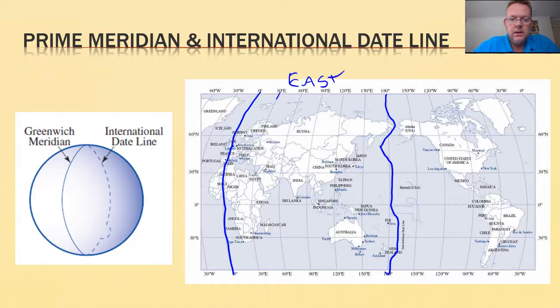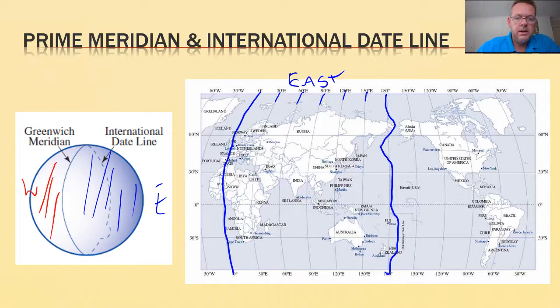And you can see 30, 60, 90, 120, 150 degrees east. So that's the east side, and therefore the west side has got to be this side here.